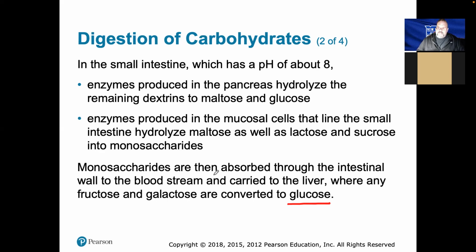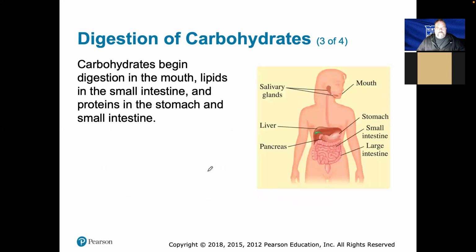But at the end of the day, they're all converted into glucose. And really that's the end result of the digestion process for carbohydrates. So carbohydrates begin digestion in the mouth, lipids in the small intestine, and proteins in the stomach and the small intestine.